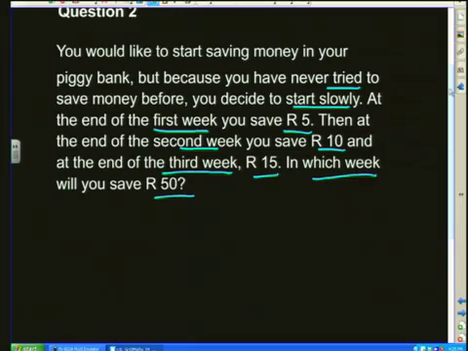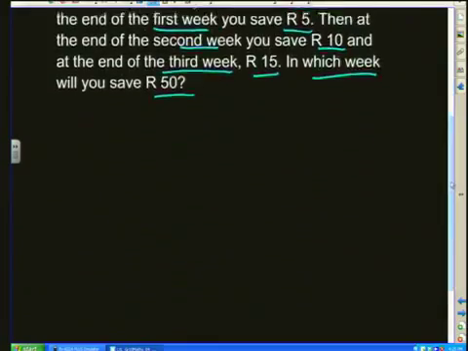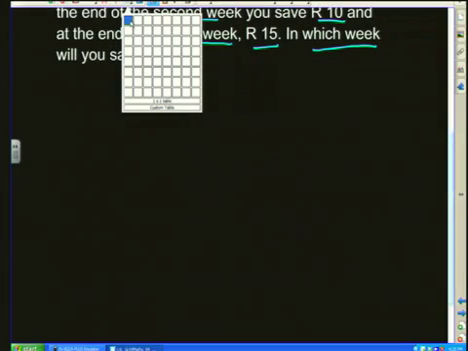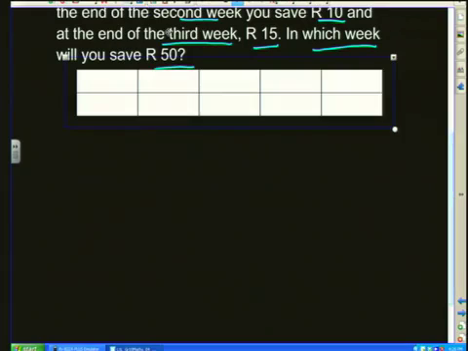So it might look a little bit confusing at first, guys, but we're going to break it down into something that makes a little bit more sense. And I'm going to put a table in. You don't need one, but I'm going to put it in anyway, just because I want to show you where we're going to go with this. I'm going to put n to represent the weeks, and then this is going to be the amount saved.